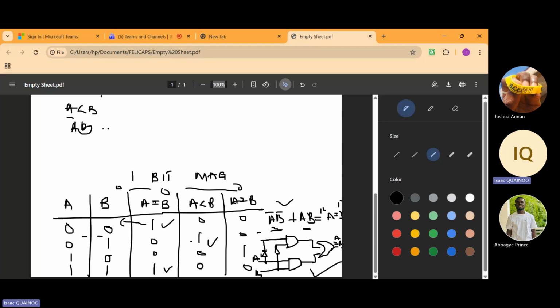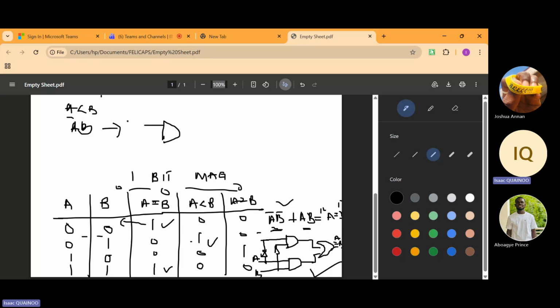A bar B. So we are going to get A bar and then B. So implementing this is quite direct and straightforward. So which logic gate are you going to use to implement this? Is it an OR gate or? Yeah, we are going to use an AND gate because you can see it's A and B, or A times B. So we are going to use an AND gate right here.